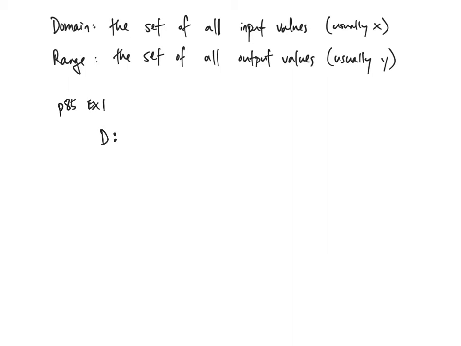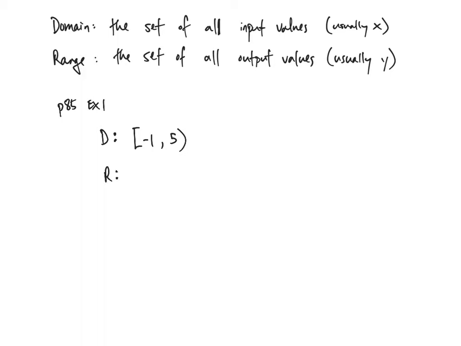And that's why your domain here goes from -1 on the left side, oops, and that should be a bracket, because it does include -1, and then it goes all the way to +5. Right, those are the x values from left to right.